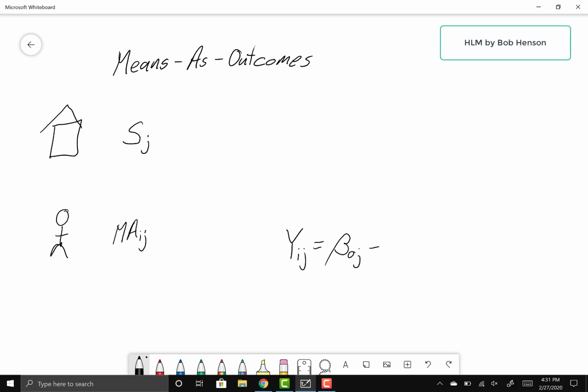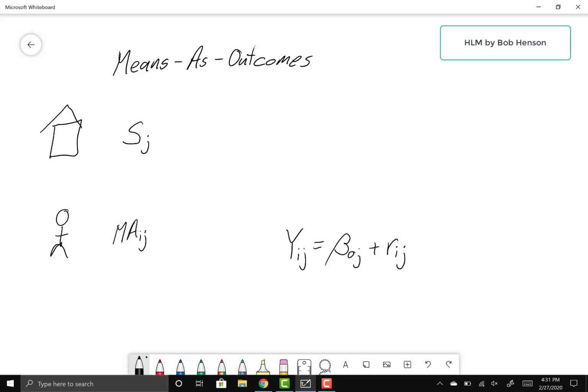But we still want to allow for the possibility that any given student has a different math achievement from that school average. So we have r sub ij, describing the extent to which the ith student nested within the jth school has a math achievement value different from the school average.